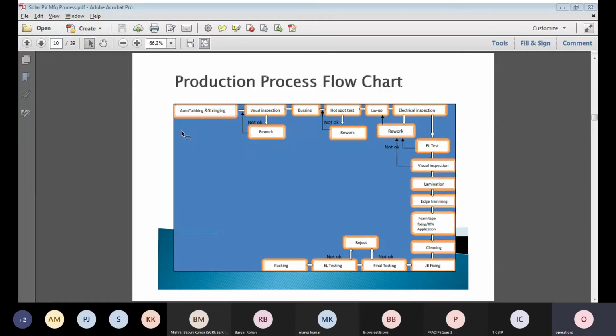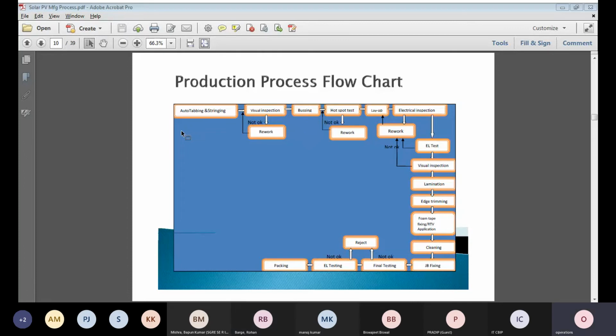Then the quality stage of hotspot test, where we can observe any thermally problematic cells. If there is any problem, we remove that particular cell and replace it with a good cell. And then layup. Layup means once the solar cells are processed, we keep the glass, EVA, solar cells, again EVA and backsheet. It is called the layup process.